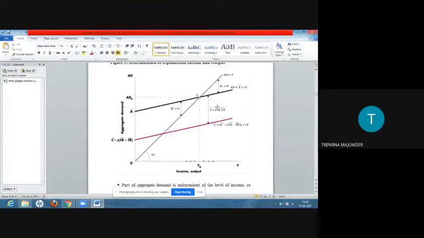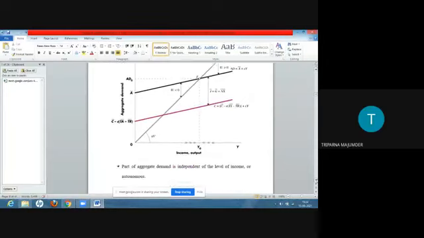What do we find here? We find savings is greater than investment, as a result of which output will fall towards Y0. On the other hand, if we are on the left hand side of the equilibrium income, we will have just the opposite case. I hope up till here it is clear.